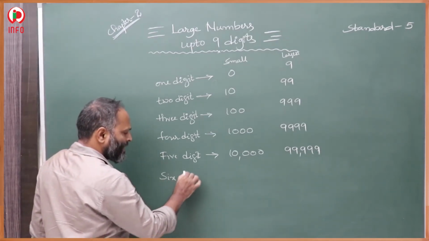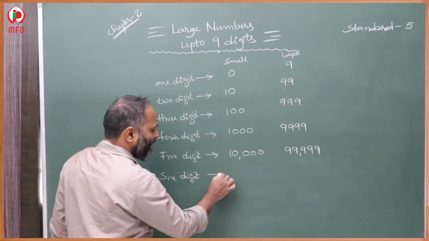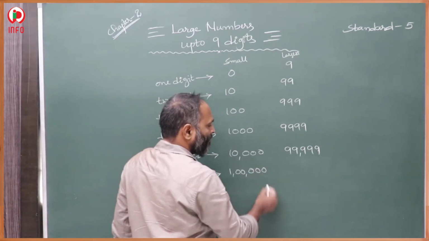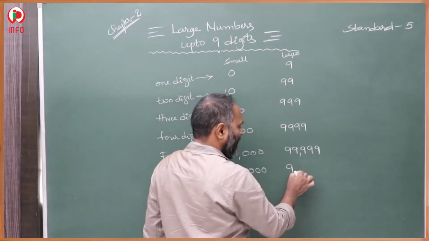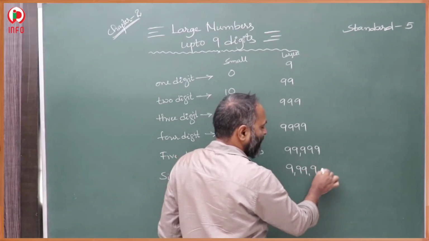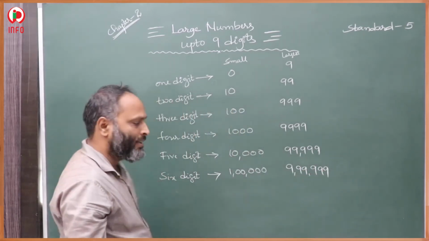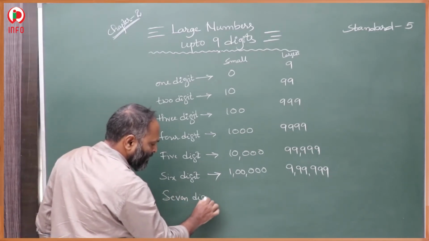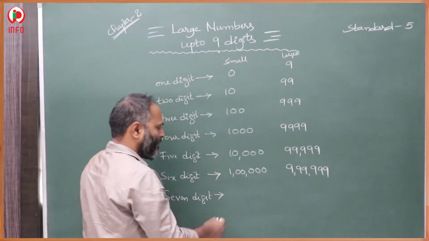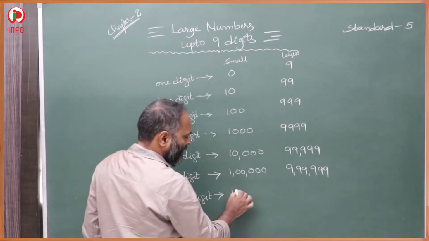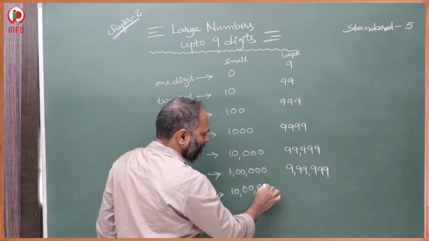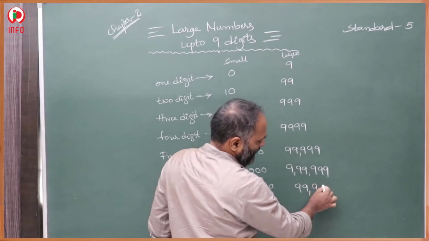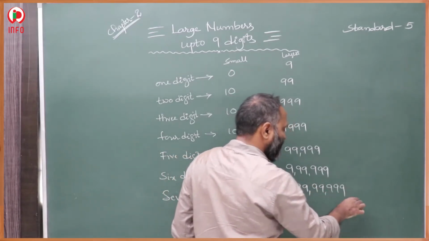Then 6 digit: the smallest is 1 lakh and the largest is 9,99,999. 7 digit: the smallest number is 10 lakhs and the largest number is 99 lakhs, 99,999. In the same way.